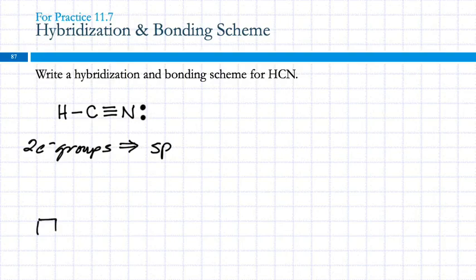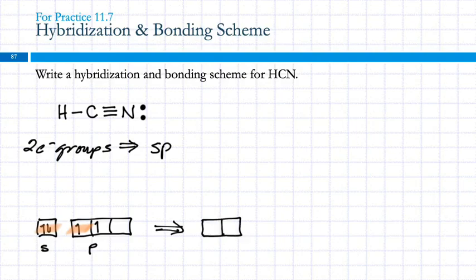So if I start with carbon's atomic orbitals, and I'm going to hybridize this, I'm going to put the S and one of the P's together. So that's SP.